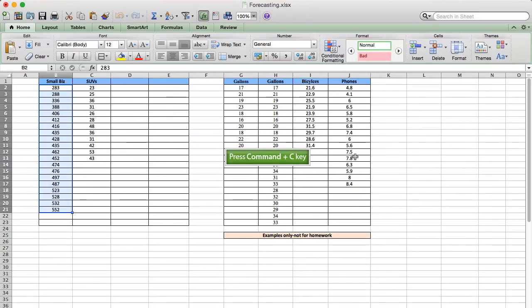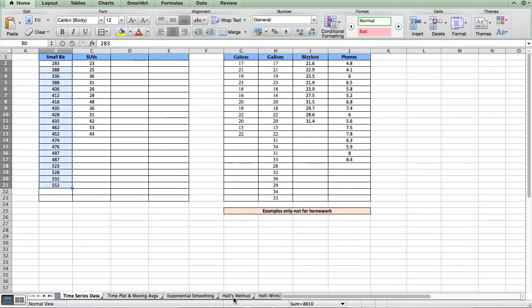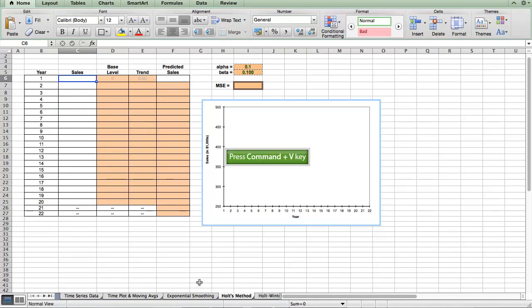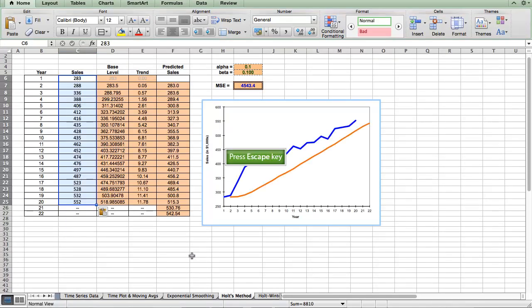Now, in addition to simple exponential smoothing, and we call it simple, by the way, because we have only one smoothing constant, we could look at either double or even triple smoothing methods. And we're going to look at double smoothing, or what we call the Holt method. And we'll take our small business data, go to the worksheet Holt method, and add our time series.